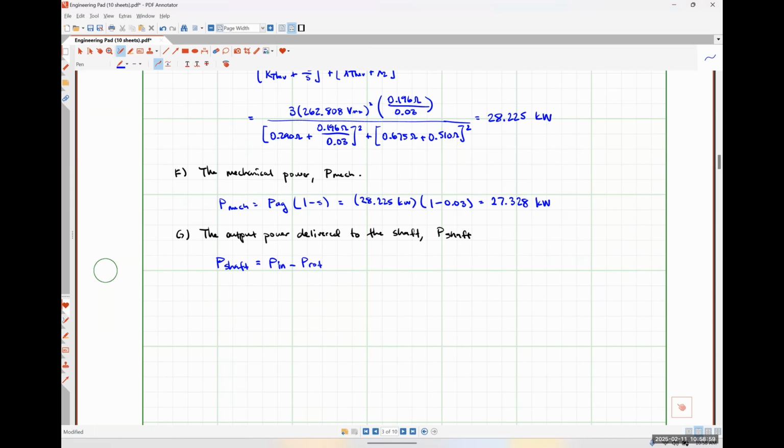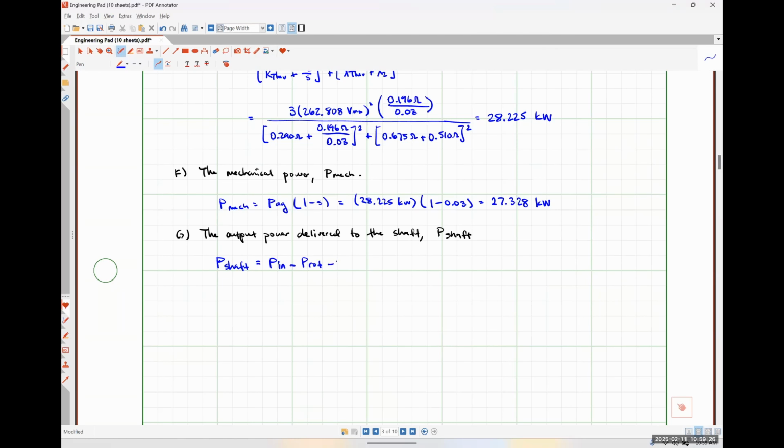And we're also told, I believe, that our rotational loss is our stray losses, our friction and windage losses, as well as our core losses, all lumped together, if I'm remembering correctly from our last lecture. So the only other losses that we would need to take into account would be the copper losses in our stator and the copper losses in our rotor.